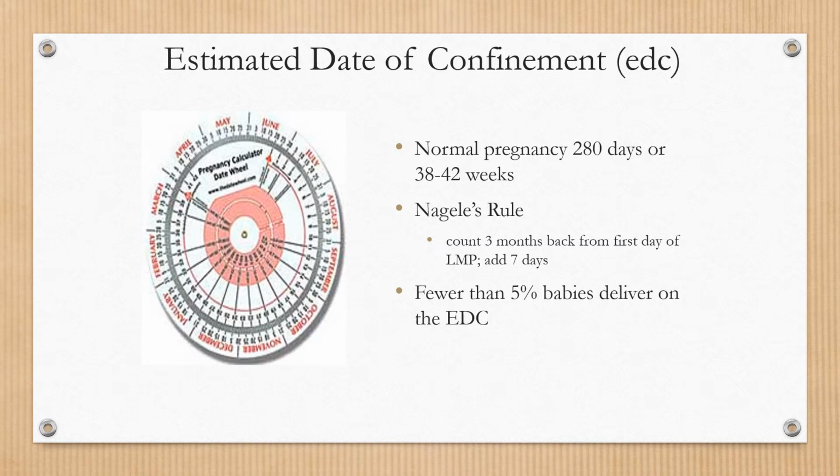Then we're going to subtract 3 months and add a year, by the way. It doesn't say that on the slide, but you need to add that in. Duh, she's not pregnant in the past, she's pregnant in the future, so you add a year. So let's take an example here to say that her last menstrual period was June 20th, 2020.